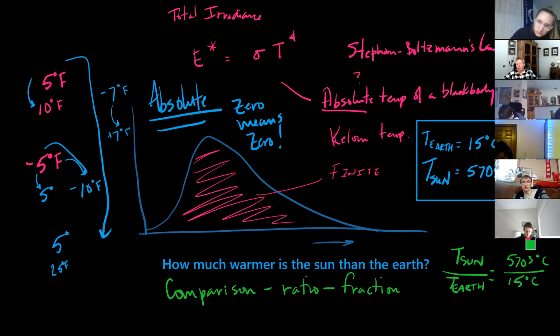And the degrees, what is the first thing that happens to the degrees Celsius? They go away. And now 5703 divided by 15, what is the answer? 380.2. Okay, I'm doing something wrong here, but it doesn't matter. 380. So if I said how much warmer is the sun than the earth, you would give me 380 times warmer.